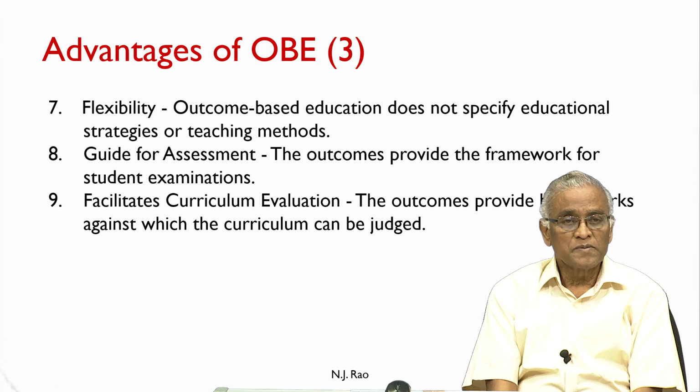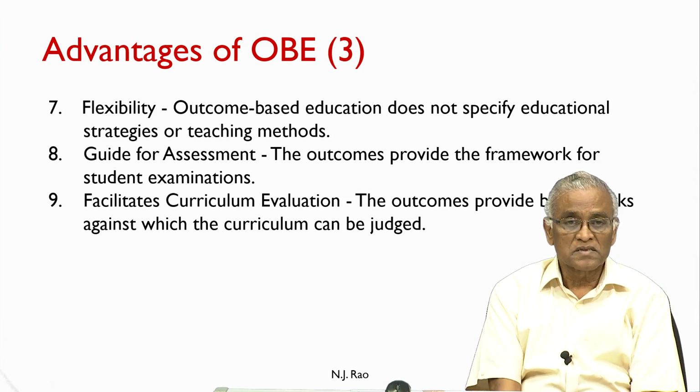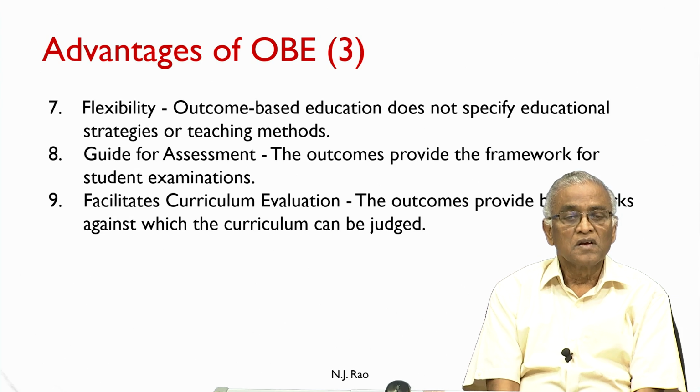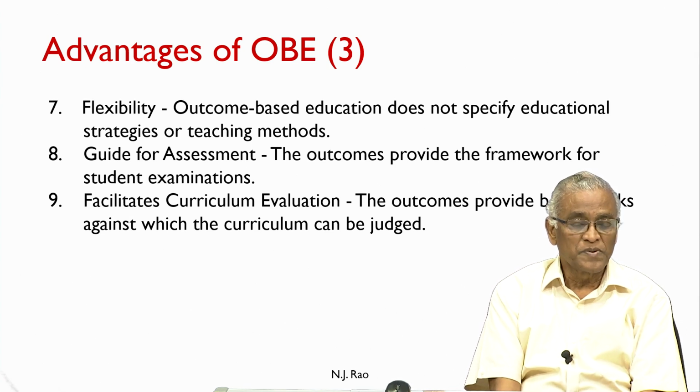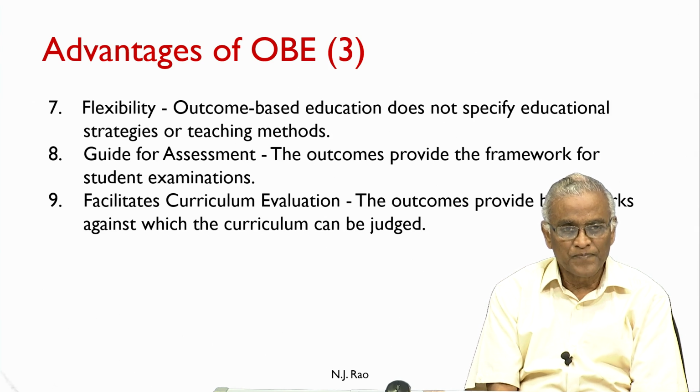So many times a faculty believe that you are specifying what he should be doing in the class. All that you are saying is, even writing outcomes is the role of a teacher. So you are specifying, you are deciding, and you are assessing. The only thing we are asking is follow the sequence, that is all.